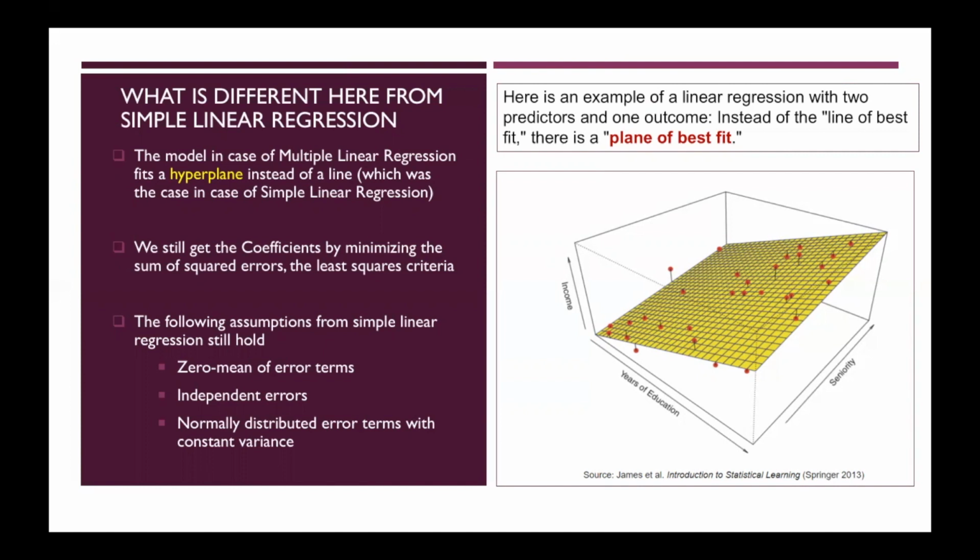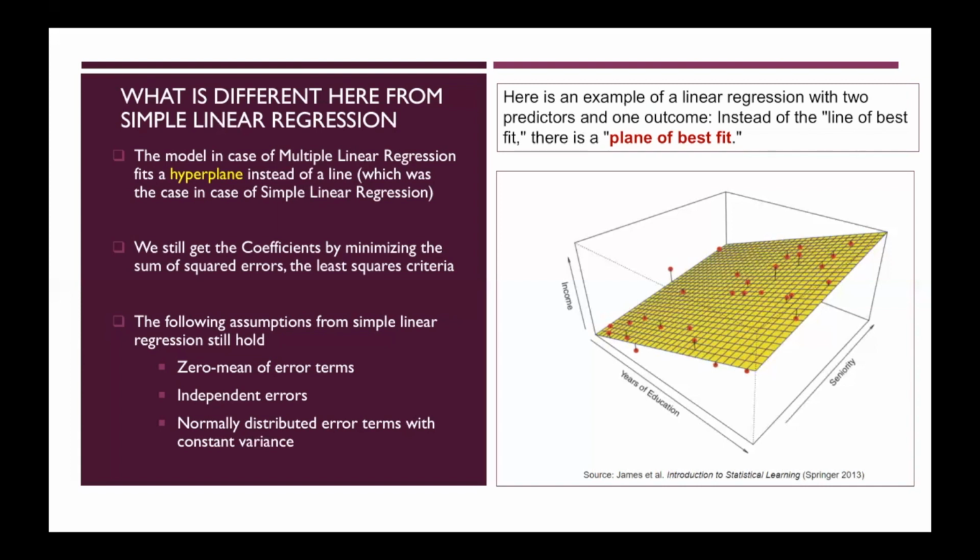Okay, so the model in case of multiple linear regression fits a hyperplane instead of a line, which was the case in simple linear regression. And we still get the coefficients by minimizing the sum of squared errors, the least squares criteria. Okay, so that thing holds good for multiple linear regression also.